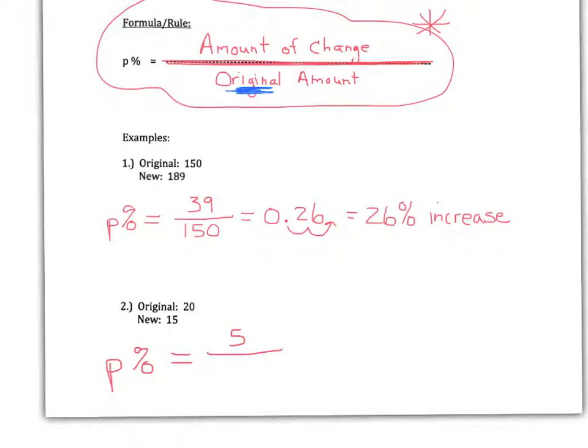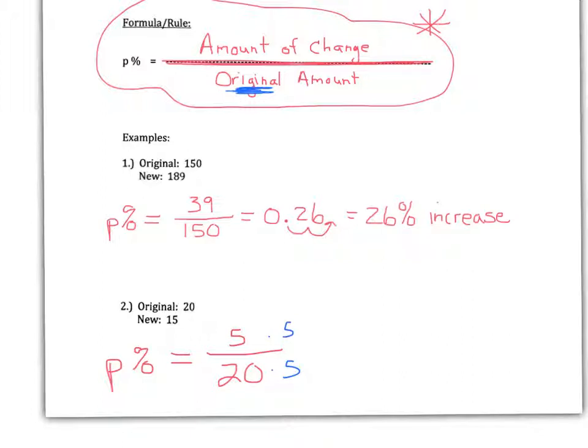Now on the bottom, always, always, always put the original. Not the new, the original. And the original is 20. All right, now you need to change that to a percent. This is pretty simple because 20 can change into 100 really easily. Multiply it by 5.